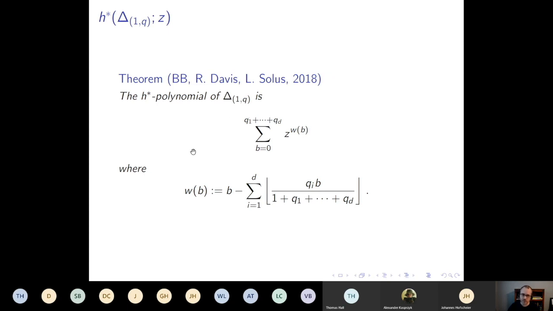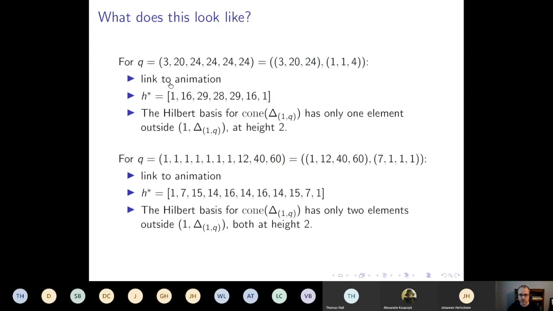So first I get a 1, then a z, and I'm going to keep going up: 1, z squared, z cubed, until the first of these floor functions kicks in. There might be multiple q's that are equal to each other, because this is written without distinct entries. And so suddenly I'll get up to that b, and then I have to pull back, and I keep stacking, right? And so you can actually visualize this.